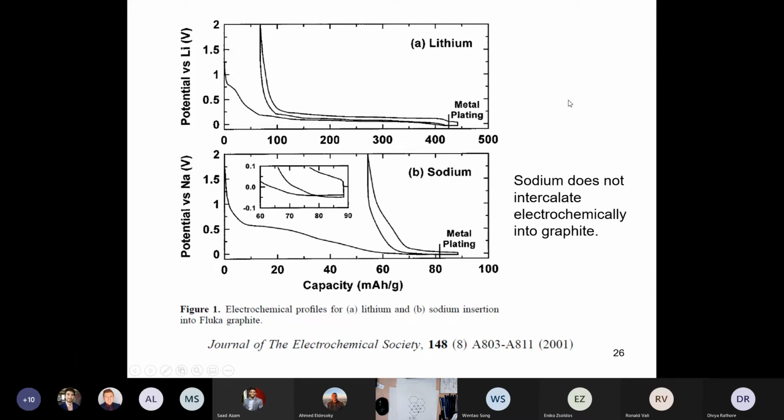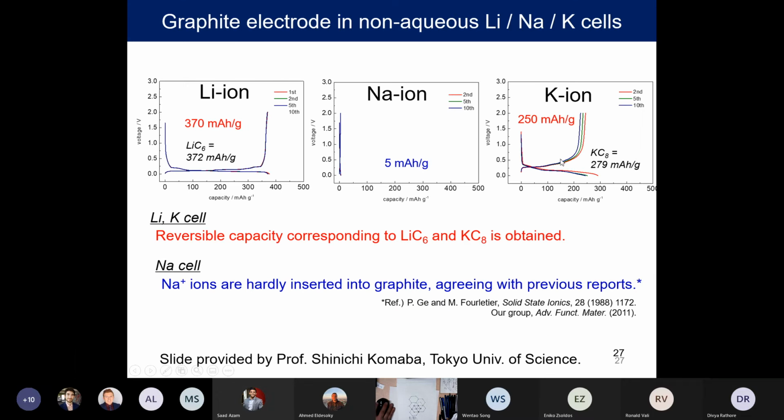Especially when you look at this. Potassium goes in. Potassium goes in, and it goes to a limit of KC8, not LiC6. All right, but sodium doesn't go in.